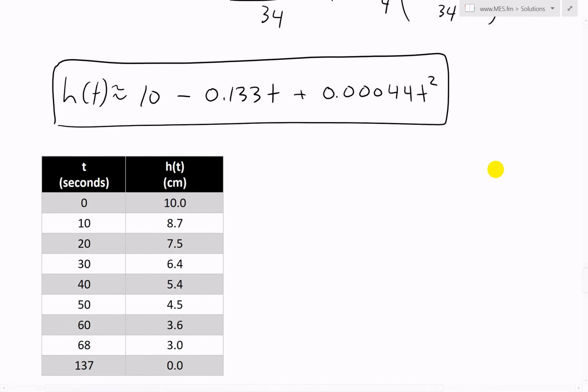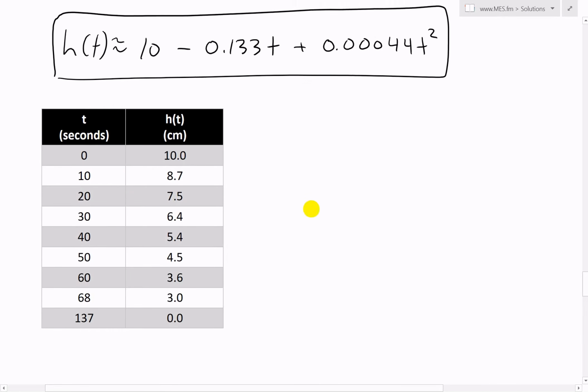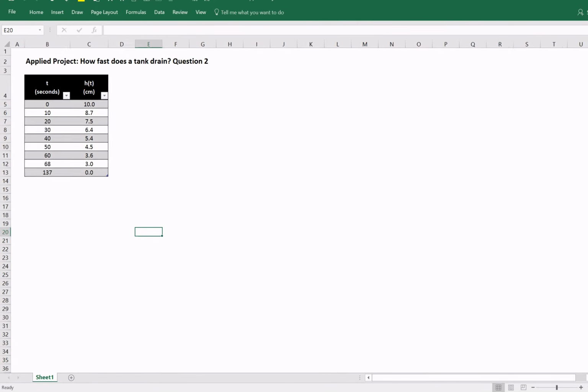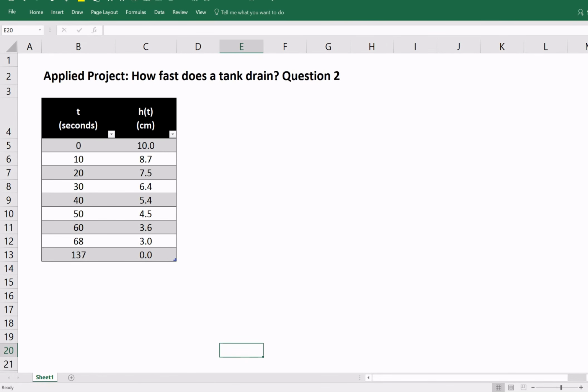Then the other part of part A states to find it for when t is equal to 10, 20, 30, 40, 50, and 60. Here I put a table that I made in Excel, and you could put a link in the description below for this Excel file as well. So here's that formula: 10 minus 0.133 times time, plus 0.00044 times time squared.